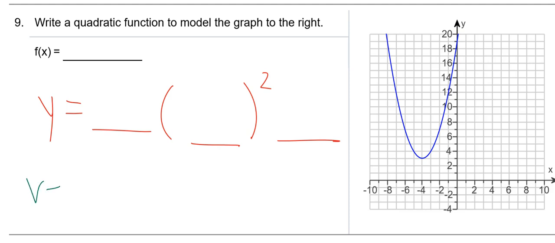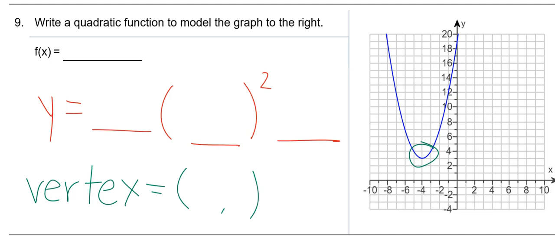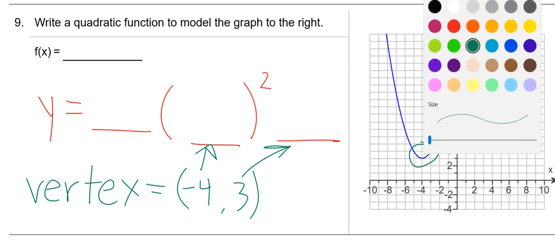What's the vertex? Tell me what it is. -4, 3. That's enough information to fill in those 2 spaces in the equation. Now we'll talk about what we have to do for the first part, but what would we be putting inside there?